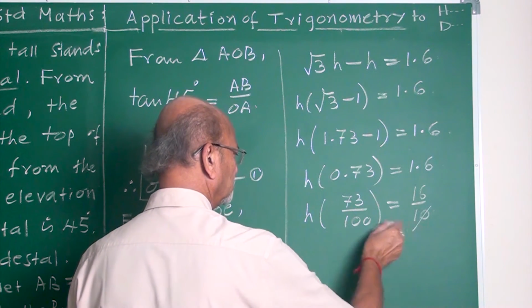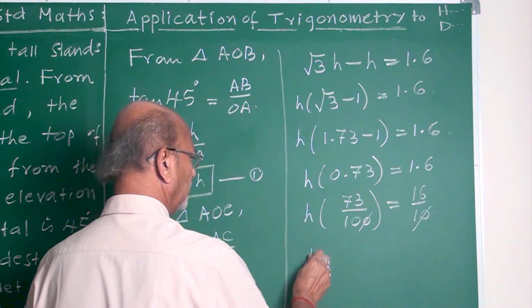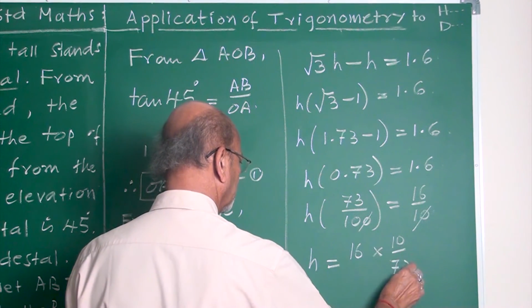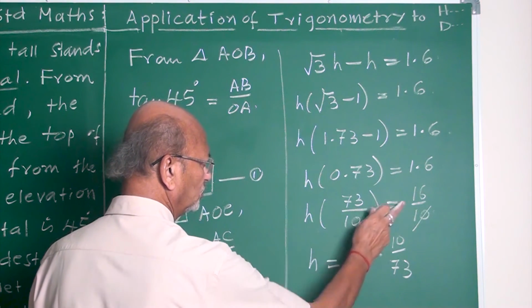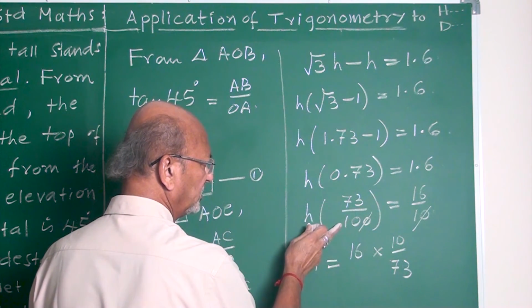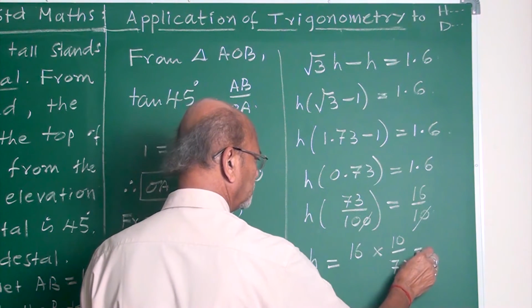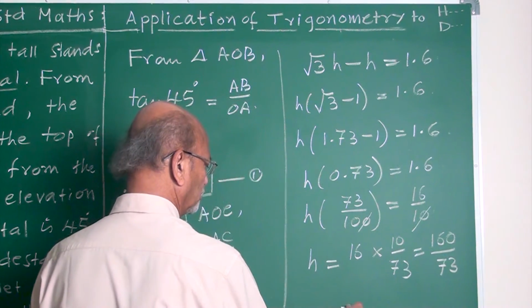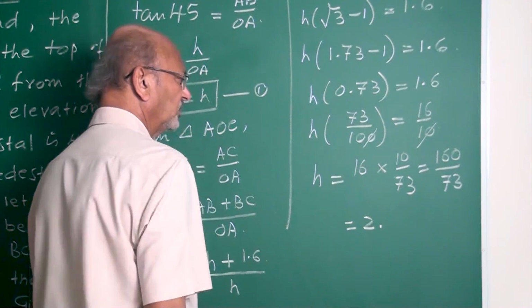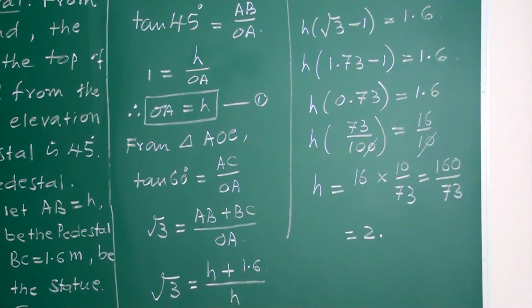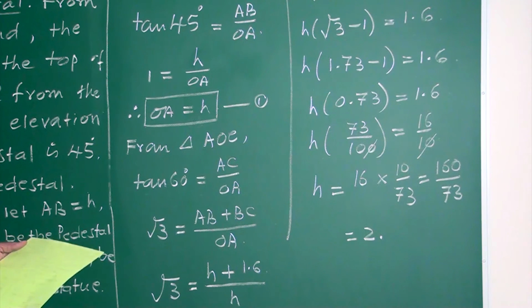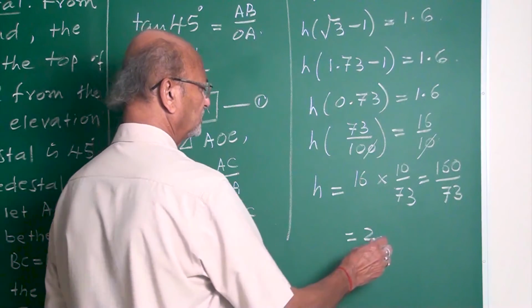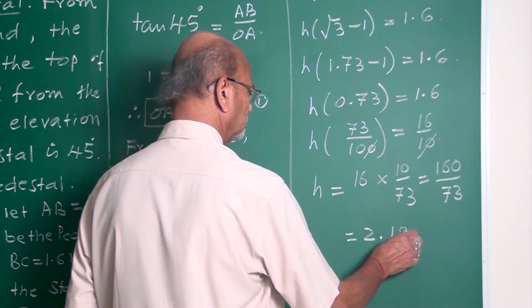My friend, this cancels. Therefore, H equals 16 into 100 upon 10 into 73, which is 160 upon 73. 73 into 2 is 146. If you simplify this, it is 2.18.